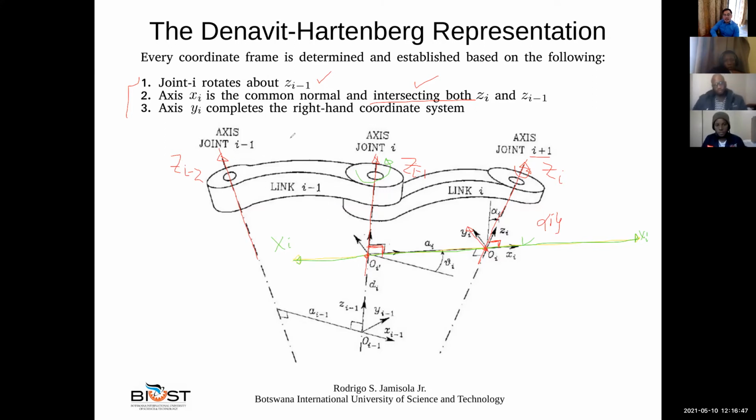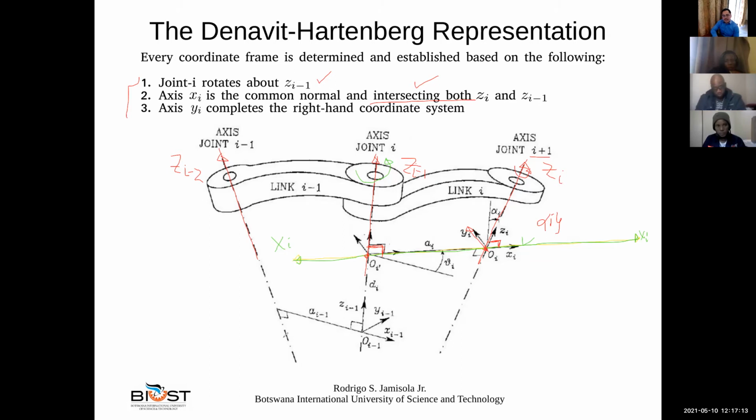We can define it using this convention. So if you want to define frame I minus 1, it will be based on frame I minus 2, the frame before it. So this is Z of frame I minus 2, the Z axis.